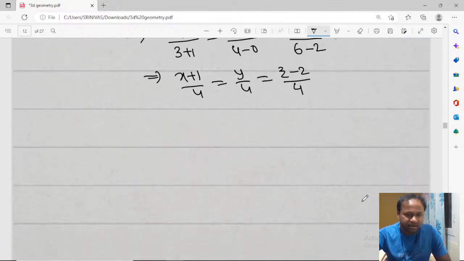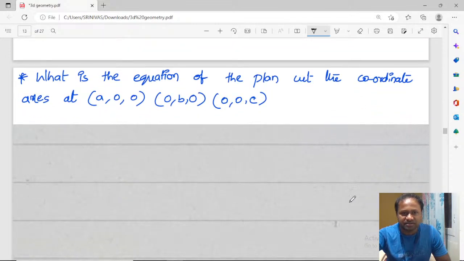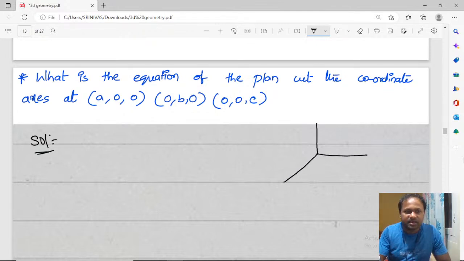Okay, next I will move on to one more question. This is also a most important problem, and most of the people won't see this. So it is easy once you go through. I will take the x-axis, y-axis, z-axis. This is x, y, z.